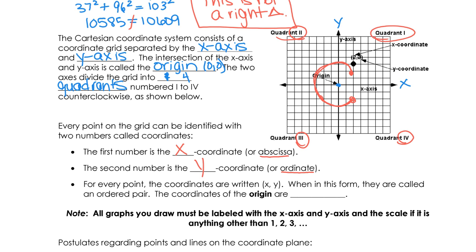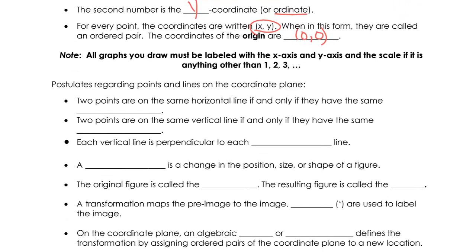So as long as you know the first number in the ordered pair is the x, and the second number is the y, that's good. Okay, for every point, the coordinates are written x comma y, so x is always first. It's also alphabetical order, so easy to remember. When in this form, they're called an ordered pair, and the coordinates of the origin, which we already talked about, is 0, 0.